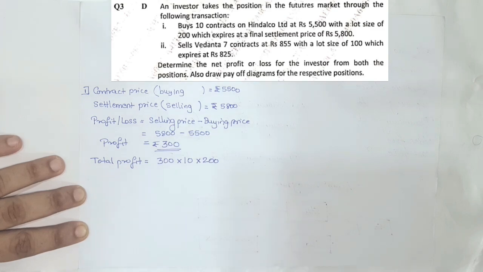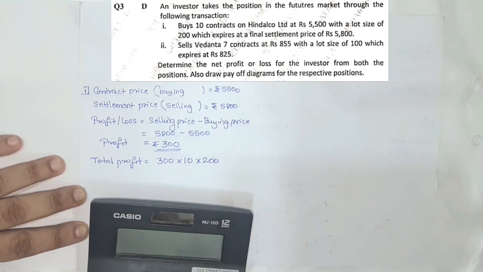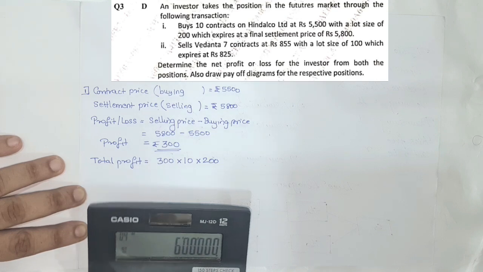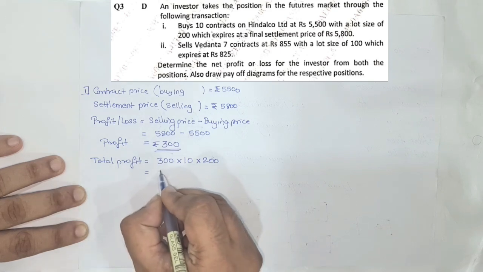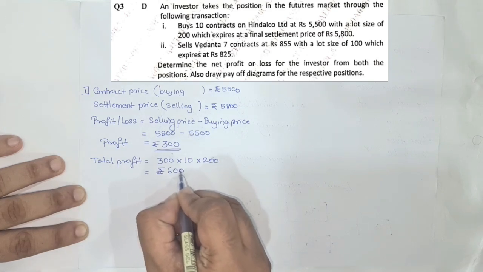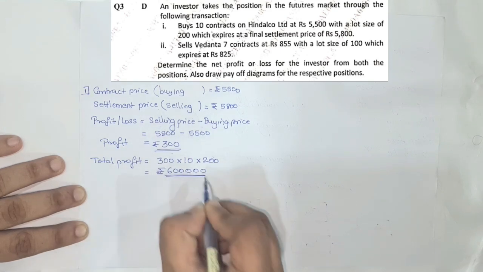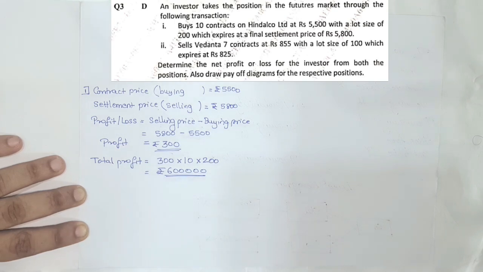So on the calculator, we have 300 into 10 into 200. So the total profit is rupees 6 lakhs. This is how you basically solve the sum.